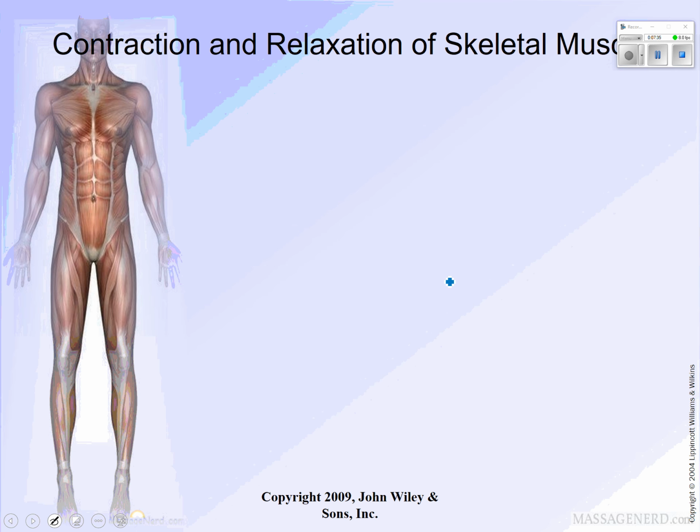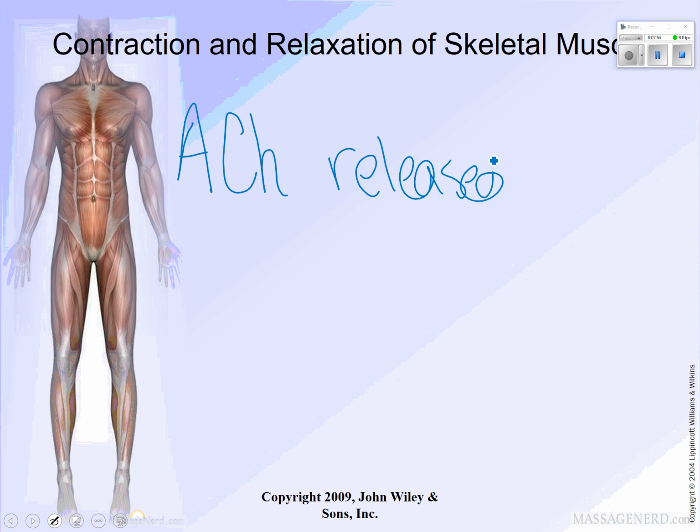So just as a summary of that neuromuscular junction, I always like to give a little bit of a summary to summarize it all up. I think it sometimes makes it easier for students to go back and learn the pathway, or know basically what's happening. So acetylcholine is going to be released at the neuromuscular junction, okay, and that is going to trigger a muscle action potential.